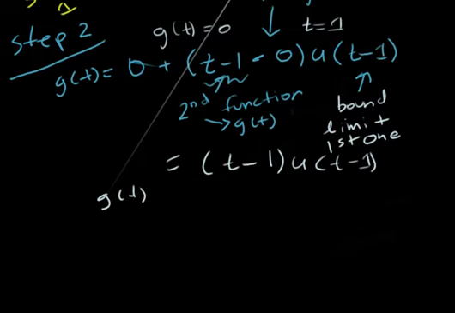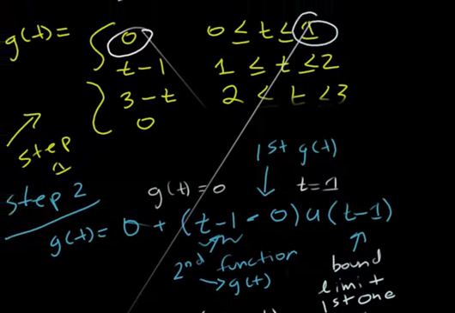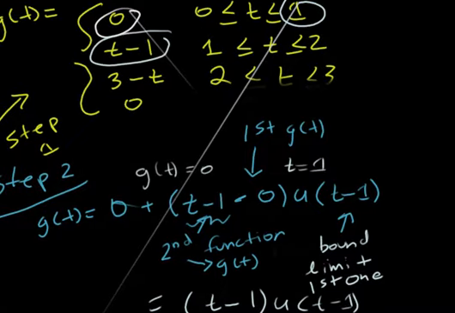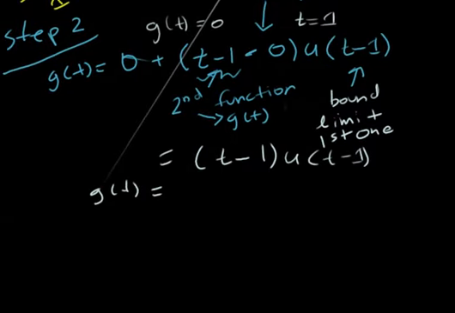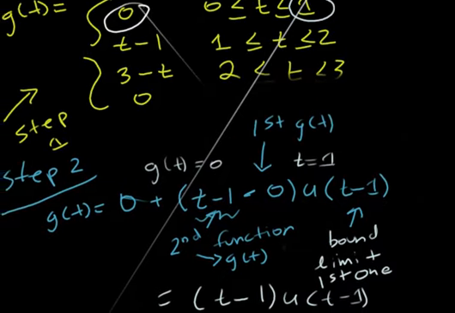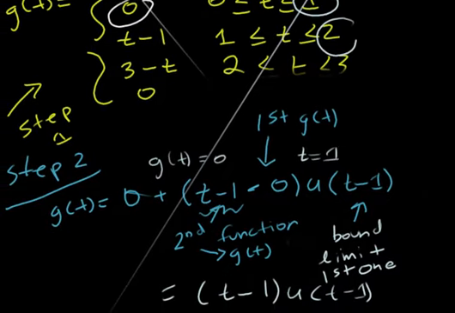So g of t at 1, g of t of t minus 1, so t minus 1, okay, and then t is equal to 2, and 2, as you could see, came from here.